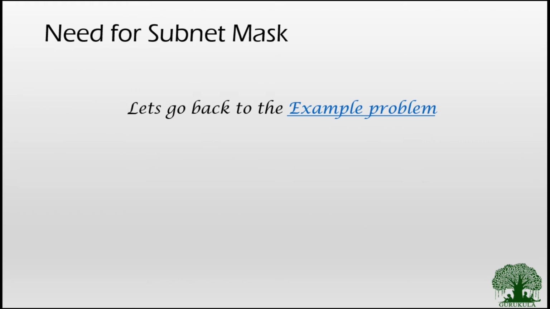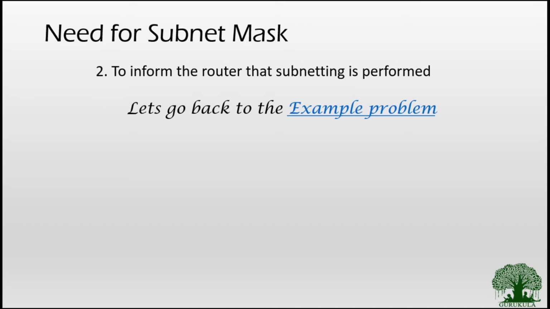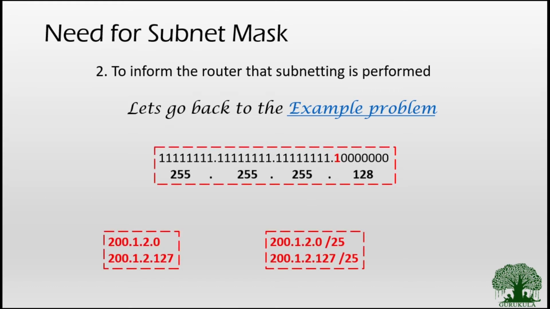So let's go back to the previous problem. Here I am not going to go back to the previous problem. You can refer to my previous slides on variable and fixed length subnetting, where you can see the example approach. So in order to perform the routing, that is, subnetting is performed, I will have to borrow 1 bit. This is the IP address which we discussed in the previous videos, and we have subnetted the entire address space.